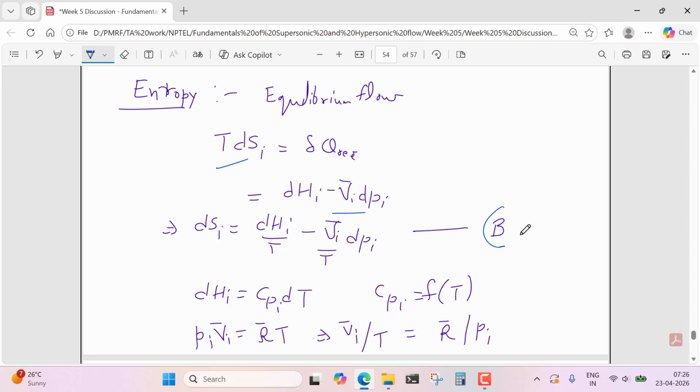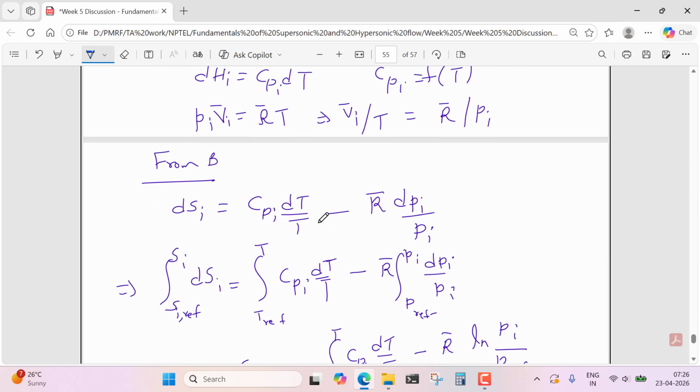Call this equation B. Now we know that dhi equals Cpi dT, and Cpi is a function of temperature, and Pi vi bar equals R bar T. So vi bar upon T will be equal to R bar upon Pi. These two things we substitute here.